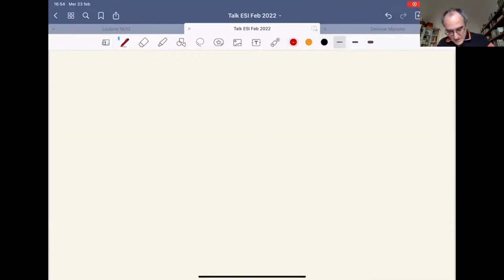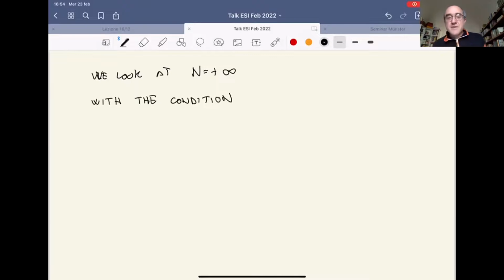So we look at the case of infinite volumes, n equal plus infinity, with the condition that there exists at least one candidate with finite perimeter. So with the condition that the sum of the volumes to the (D minus 1) over D is less than plus infinity.